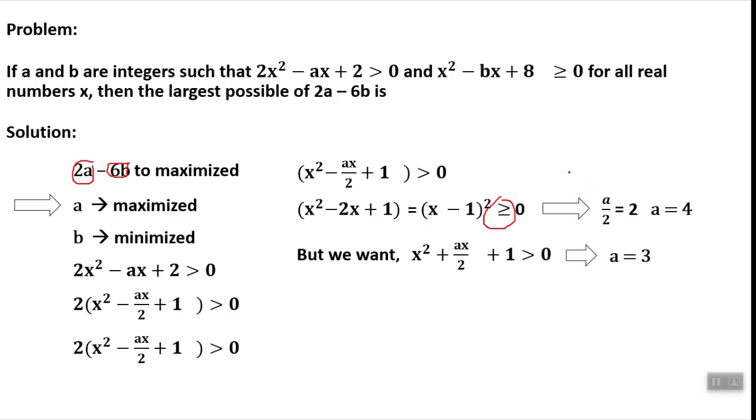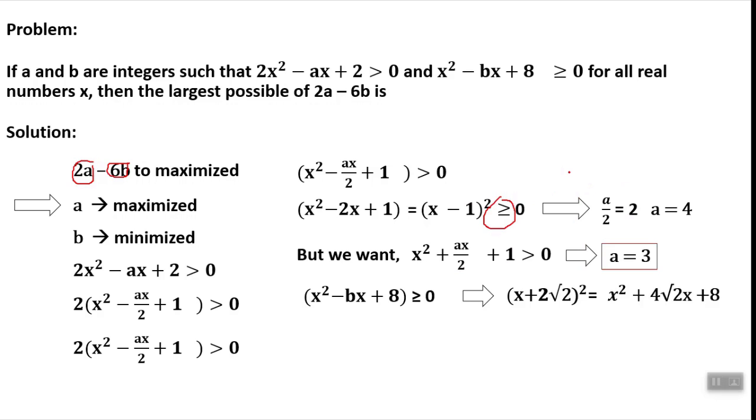If we similarly look at the second expression, we want b to be minimized, so b should be negative. I can complete this square by looking at 8 as a square of 2 root 2, and this would be greater than or equal to 0. Expansion of that would give me x squared plus 4 root 2 times x plus 8.